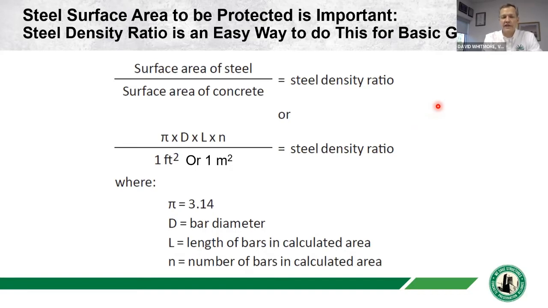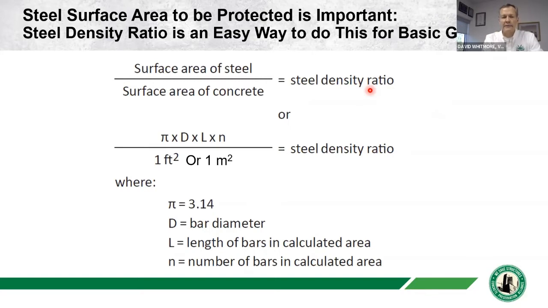But if you have a section that is more standardized, for example, if you are dealing with beams or decks or abutment walls, and you can look at the element in a planar view, like an elevation or a plan view, and you can calculate the amount of steel surface area per unit area of concrete, then you can calculate a steel density ratio, as described in words at the upper portion of this slide.